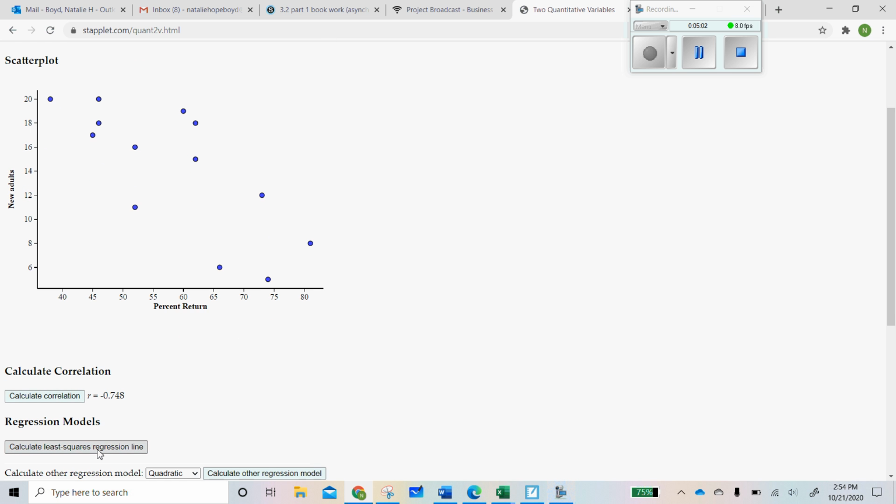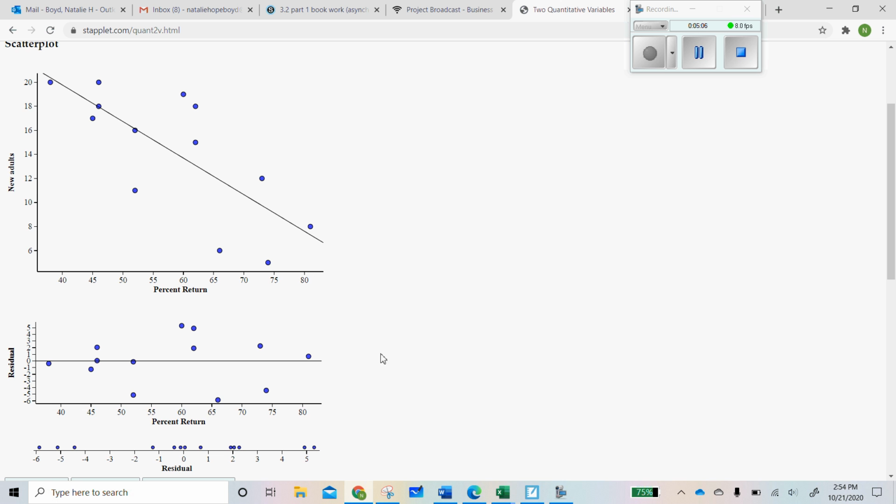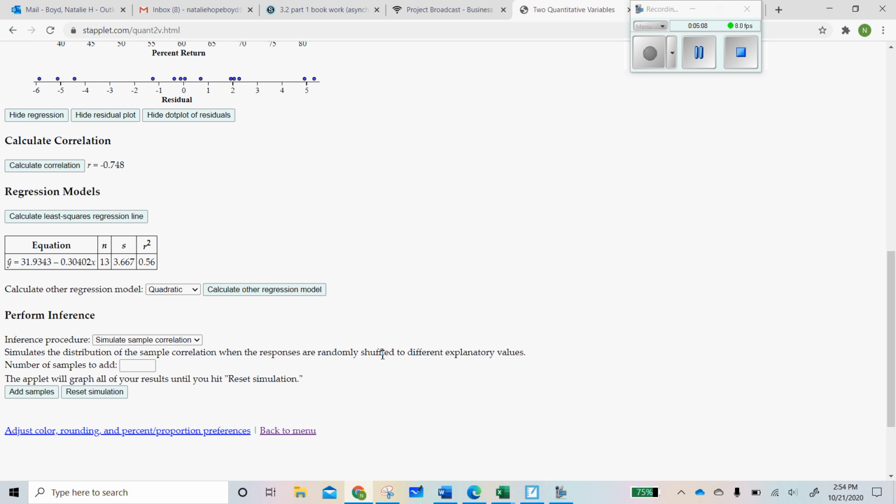I would love to calculate the correlation and the least squares regression line. Notice it goes ahead and gives you the least squares regression line up here, and then here is the equation of the line.